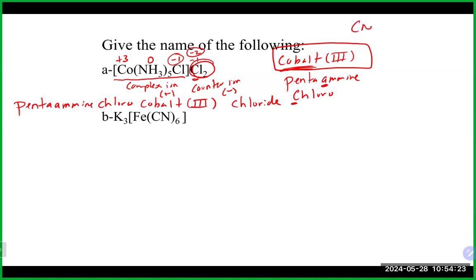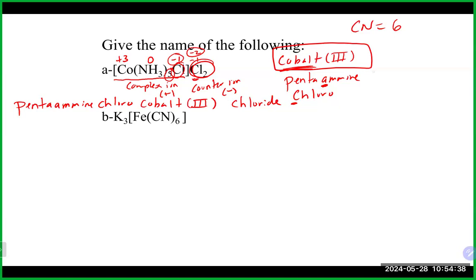Coordination number on this one is going to be 6 as well, as we have 5 ammonias here, which are monodentate, and 1 chloride, which is monodentate. So that is 6 attached directly to our cobalt.